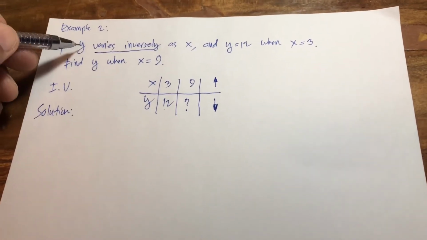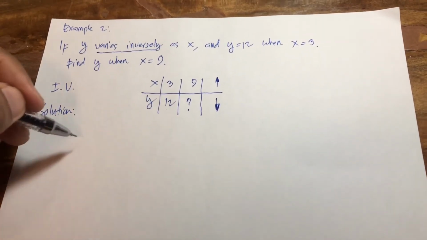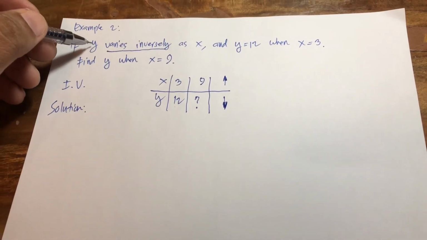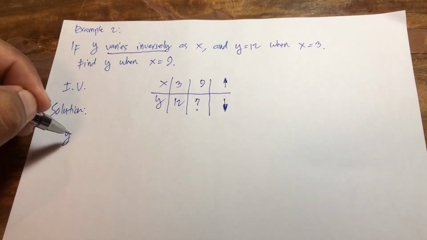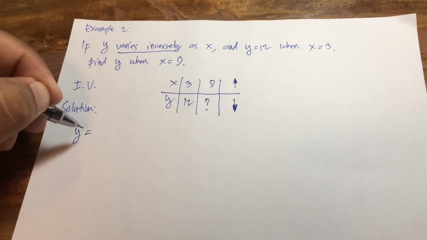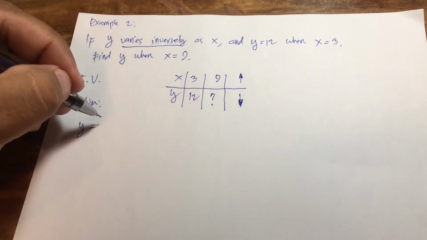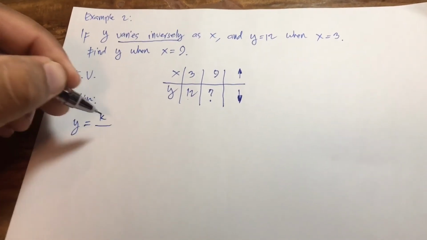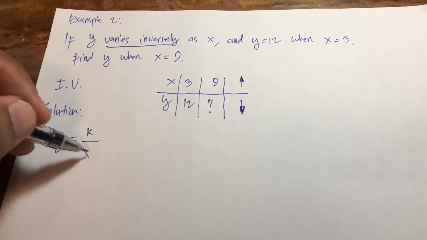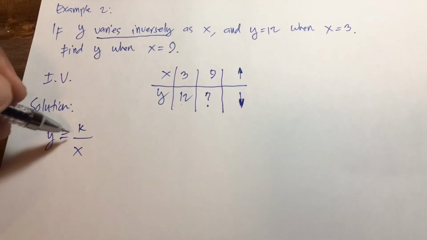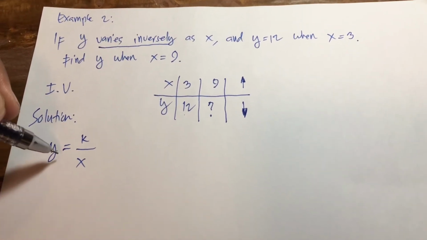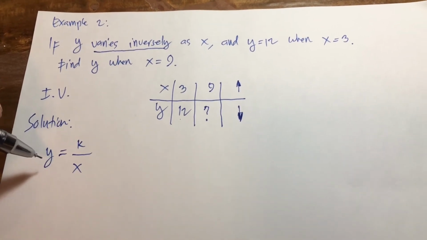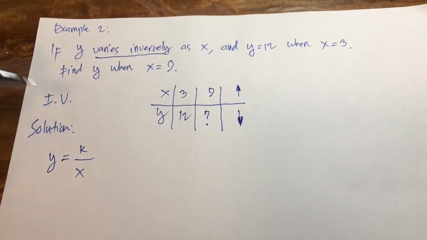So if this is m, use m varies inversely. Since this is y, y varies inversely, so y equals our model k over x. Y varies inversely as x, or y is inversely proportional to x.